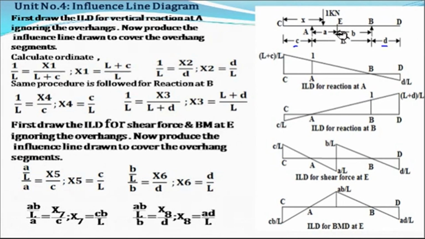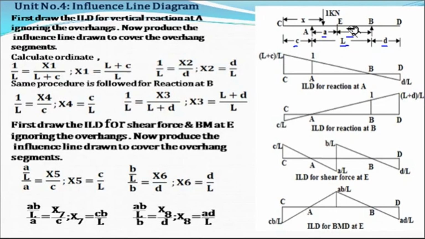Now here the section is given at E, which is at a distance small a from support A and distance b from support B, and a plus b is equal to L.